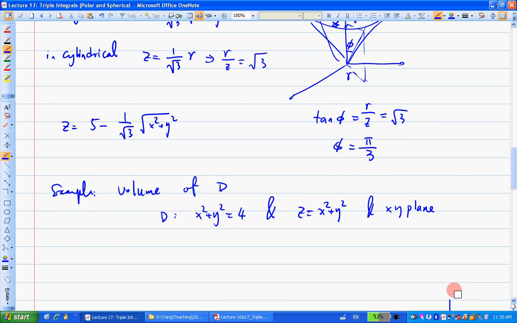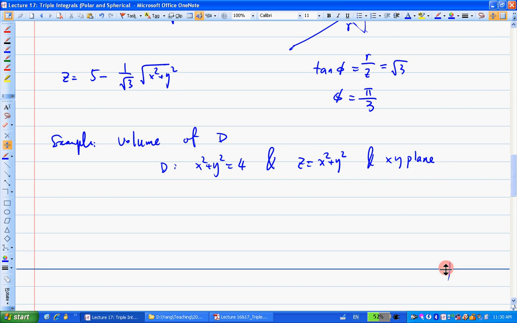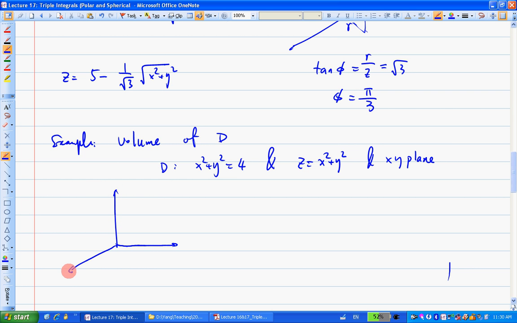Okay, so usually you will have this drawing, but let's draw this region here, right? Okay. First of all, the xy plane, because that's just the bottom surface. So x squared plus y squared equal to 4, what does that give you? A circle, but in 3D space it gives you a cylinder, right?